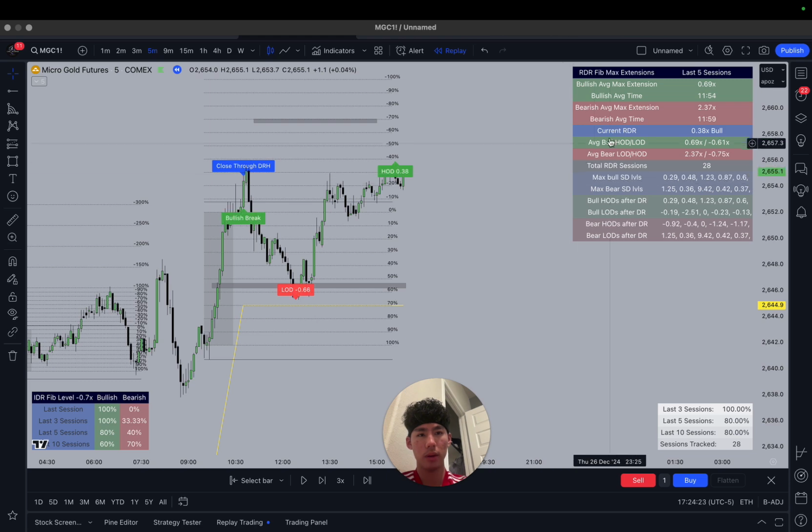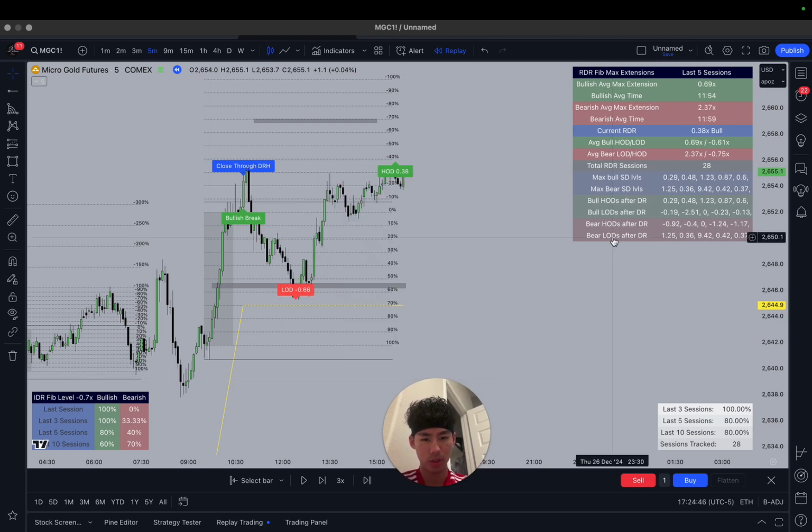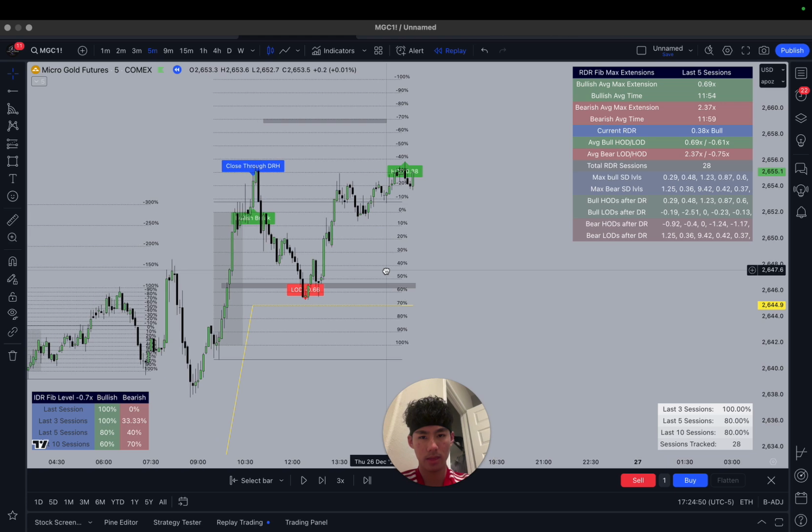Well, we want to look for the high of the day and the low of the day, or the max extension after the DR confirms and the maximum low after DR confirms. So we can see that from the last 5 sessions, and we can extend that, by the way, but I like 5 personally. 0.6 right here is the average low.